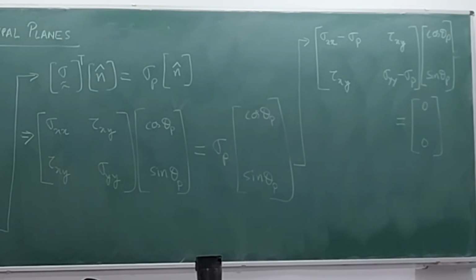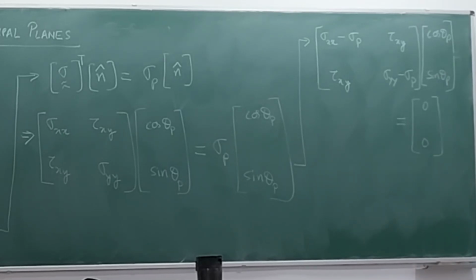What is the meaning of a non-trivial solution of theta p? What is a trivial solution? What is the physical meaning? The meaning is that we want to be able to find such a plane where all of these conditions would be valid.